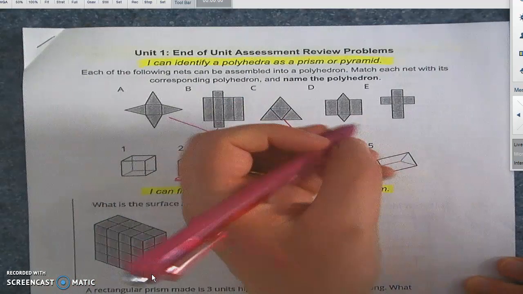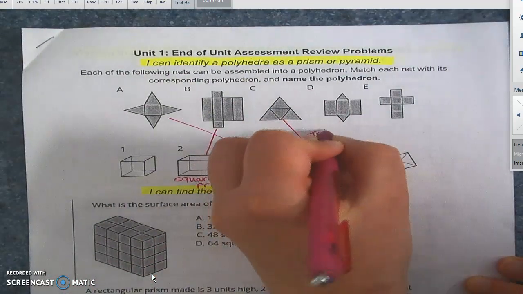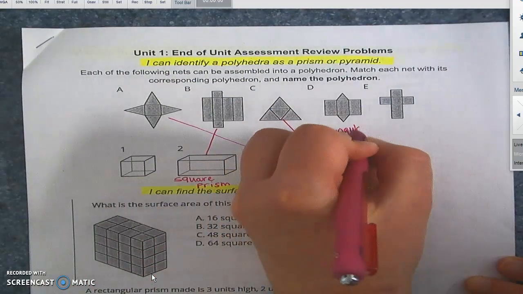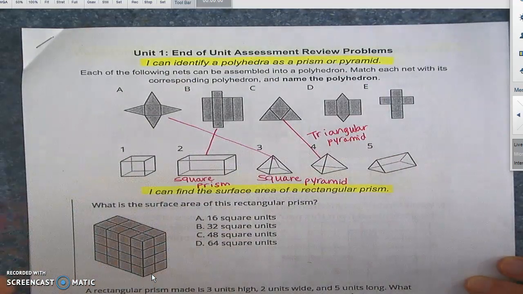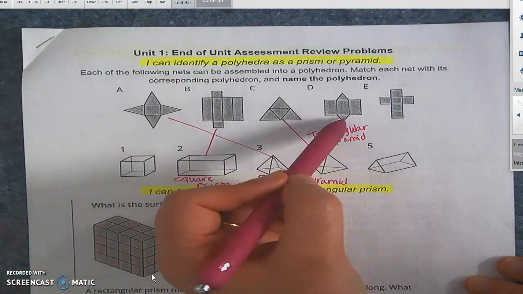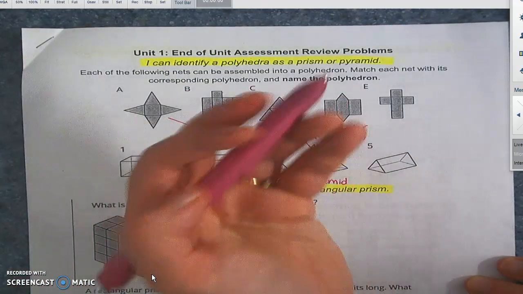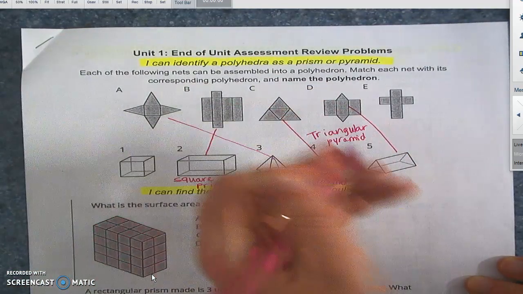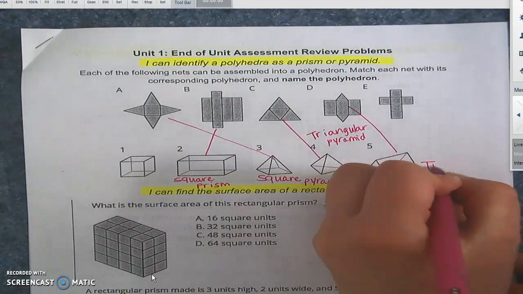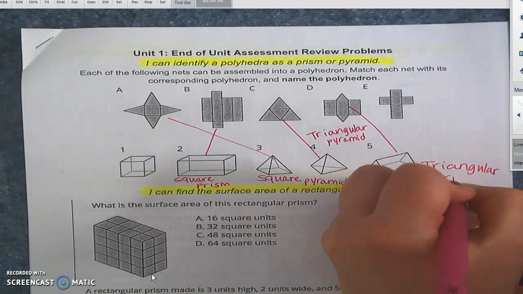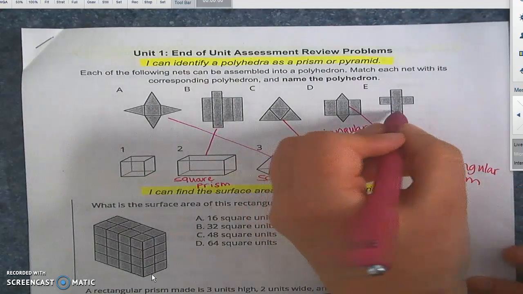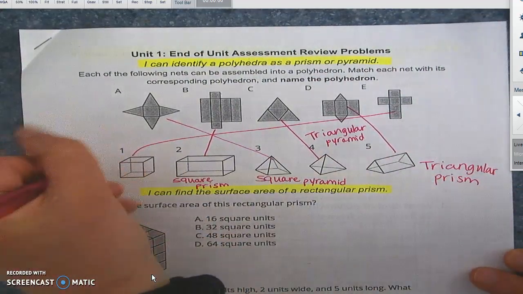That is a triangular pyramid. This one has triangles as its bases and rectangles going around the outside. This is a triangular prism. And this one is made completely of squares, so this is a cube.